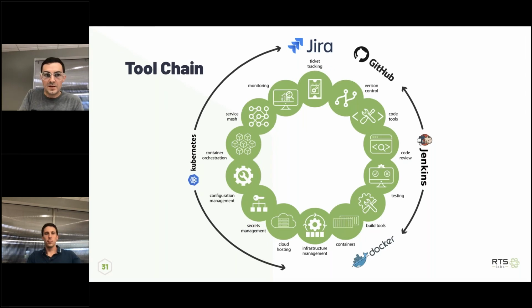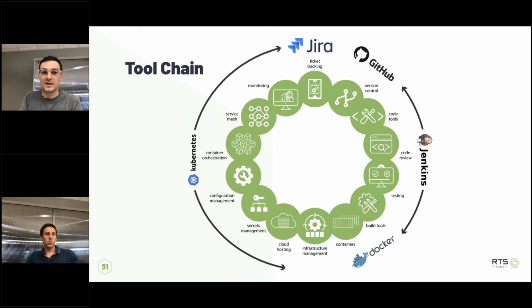So looking at the typical tool chain that an organization has, we can start to tell where the maturity is for that digital transformation by going through these circles and determining, A, if this circle even exists, and then B, what level of automation or lack thereof is in each circle, right?